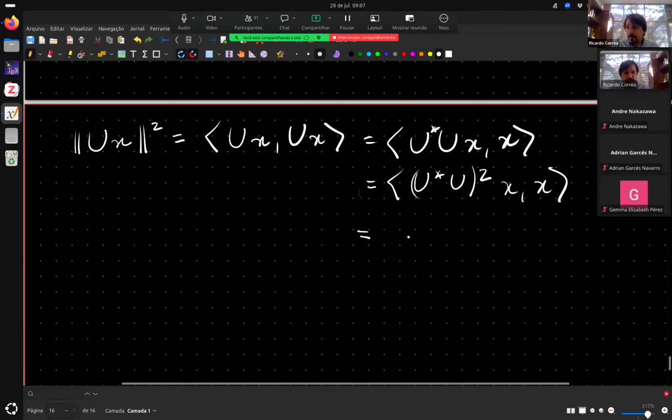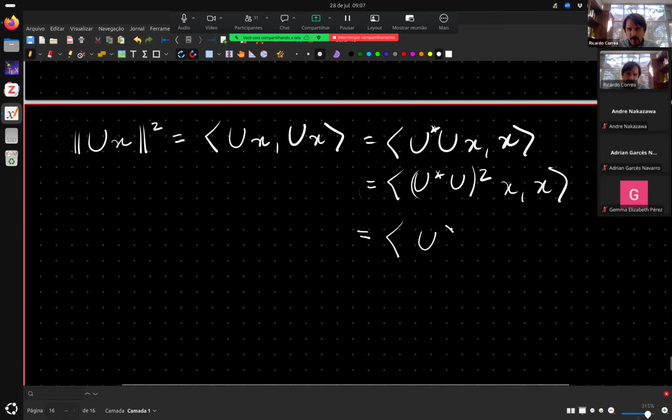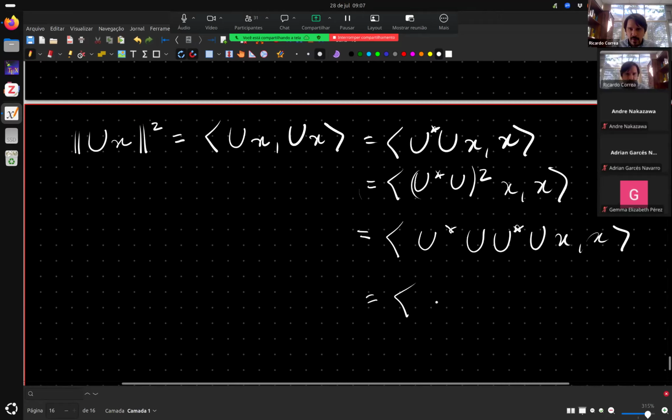Okay, but then if I redistribute things, this is U star U x, U star U x, which is of course the norm squared of U star U x, passing this operator to the other side.